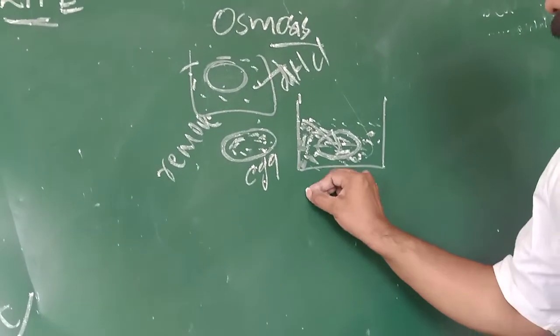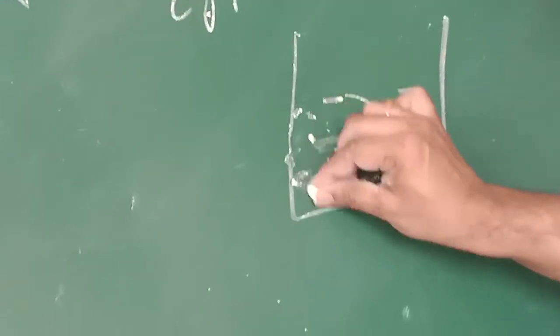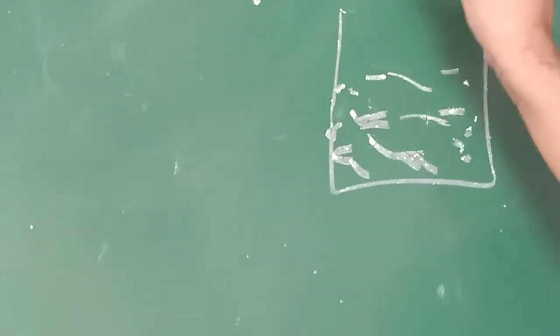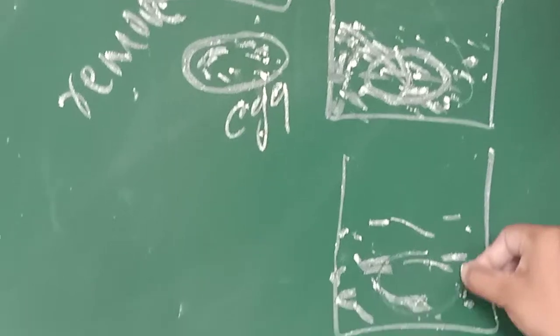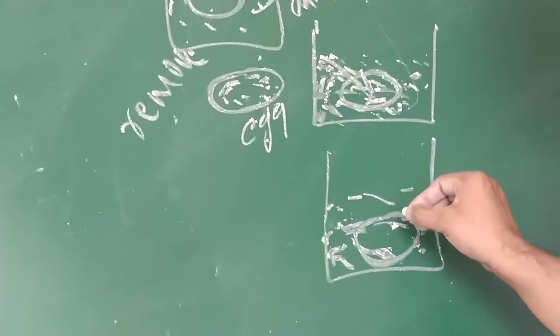In the second situation, you take one beaker. In that you take what? Sugar solution, or sugar solution or salt solution. And in that you put the egg into the sugar solution. What will happen after a day?